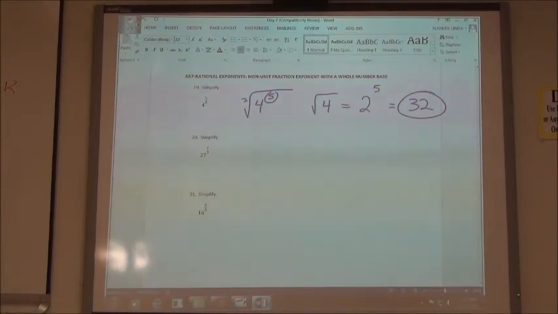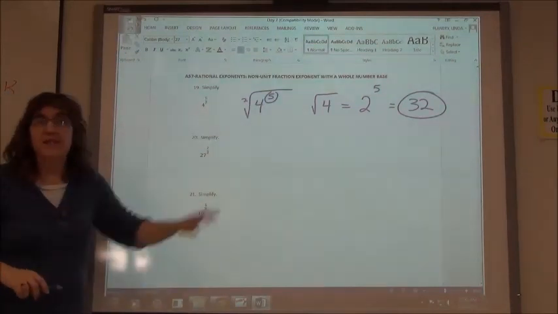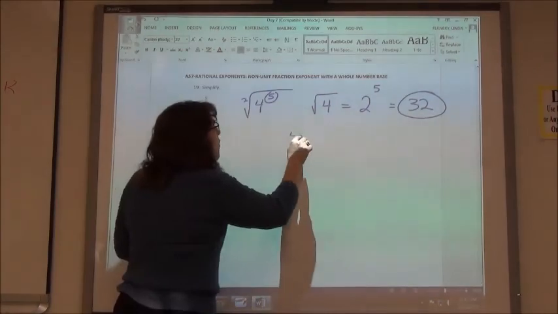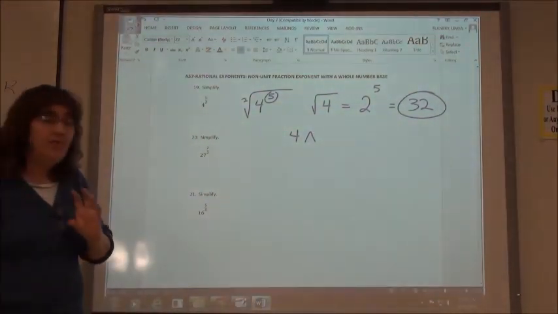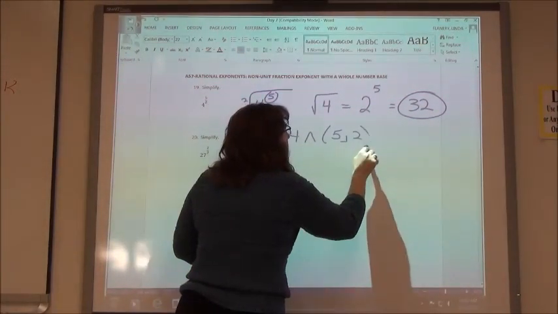If I'm going to do this on my calculator, the whole thing, I could do it in steps if I wanted to. This is how I have to type it in: 4, caret, and then in parentheses, you're going to do the fraction, 5 halves.